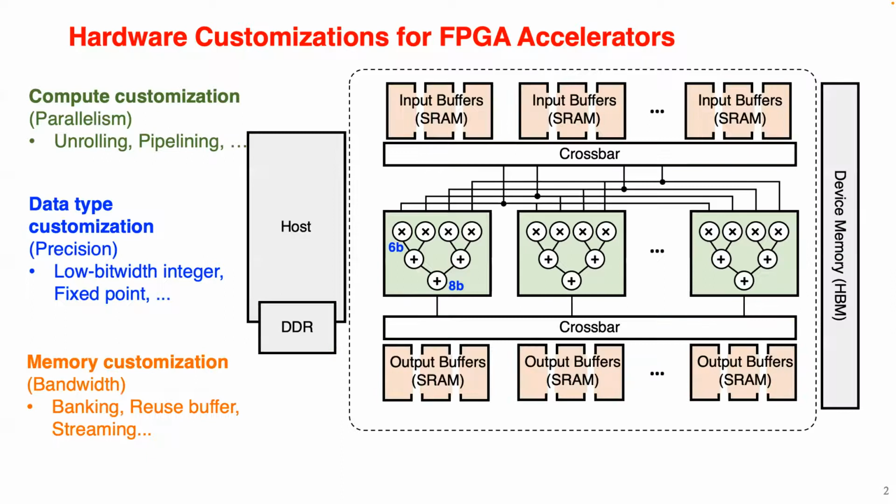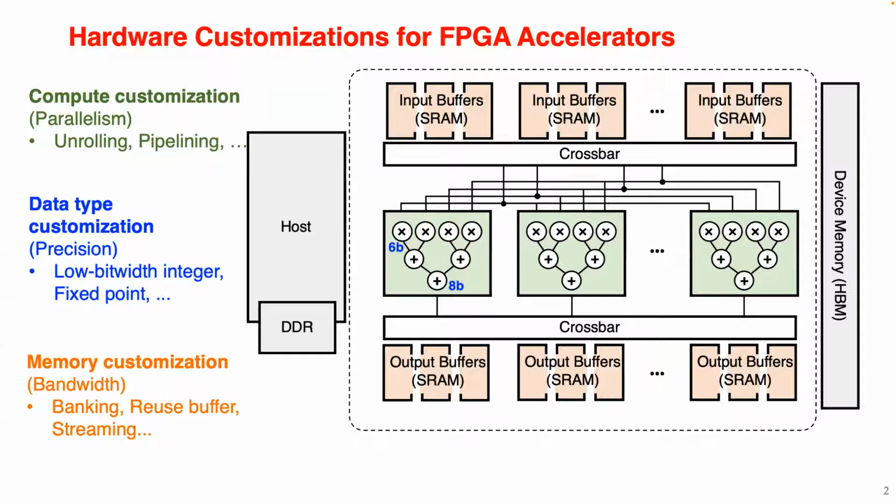And also memory customization, like memory banking and reuse buffer, to increase the bandwidth utilization for both on-chip and off-chip memory. In fact, these different types of customization techniques do not just work in isolation. There's complex interdependence among these techniques.